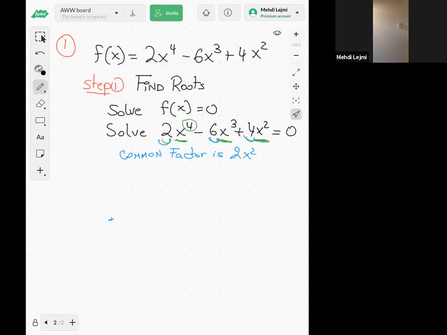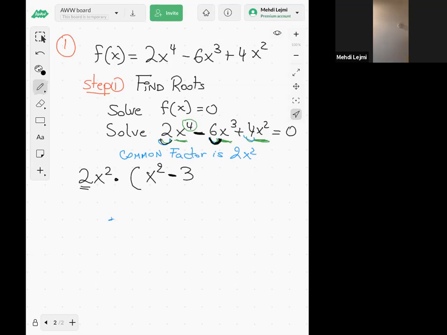The common factor is 2x squared, so factor out 2x squared times, so here's 2, then x to the power 4. You subtract power 2 from power 4, that will be 2, so it's just x squared here. There's a minus, this is 6, so if you pull out 2, then you are left with 3, right? 2 times 3 will be this 6 here.